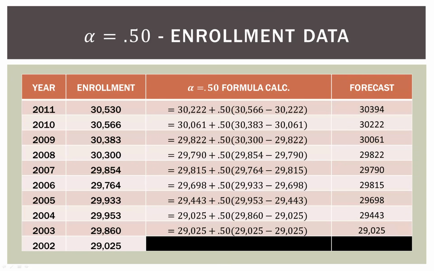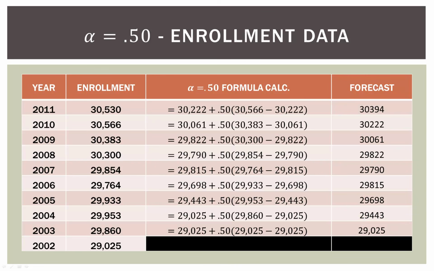It really gets interesting in 2004 because now we have some actual working data to go off of. So if you look in the parentheses of 2004, you will see that we have 29860. Well, what is that from? Remember, that's our actual enrollment from 2003. So that's 29860 minus our forecast from 2003, and that is 29025.